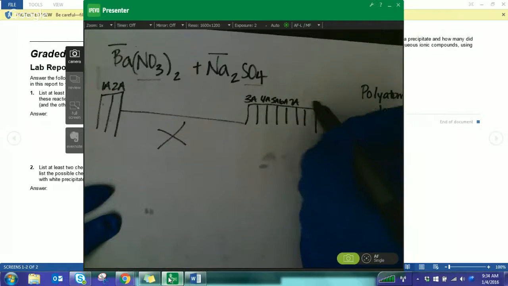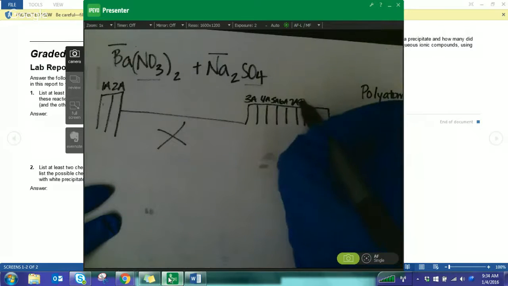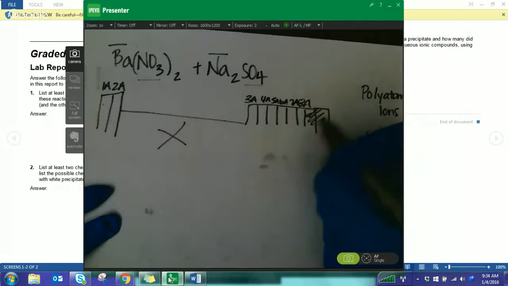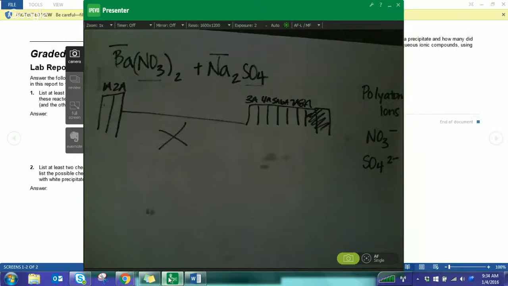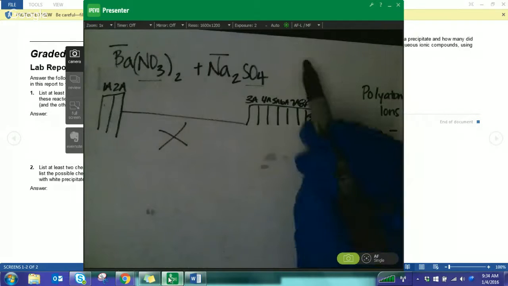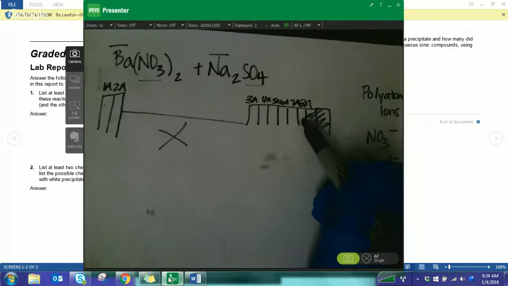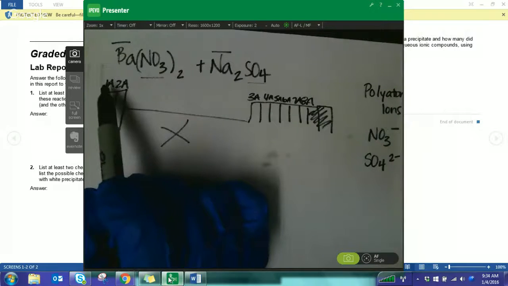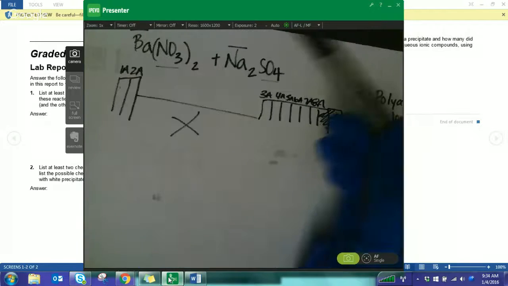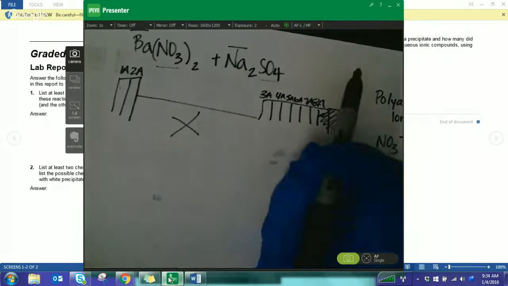I have way too many lines here. 8A, and then I don't need these. All right, if you remember, we've talked about this several times now. These A groups form the number of valence electrons as the number. So 1A has 1 valence electron, 2A has 2 valence electrons, 3A has 3 valence electrons, right?